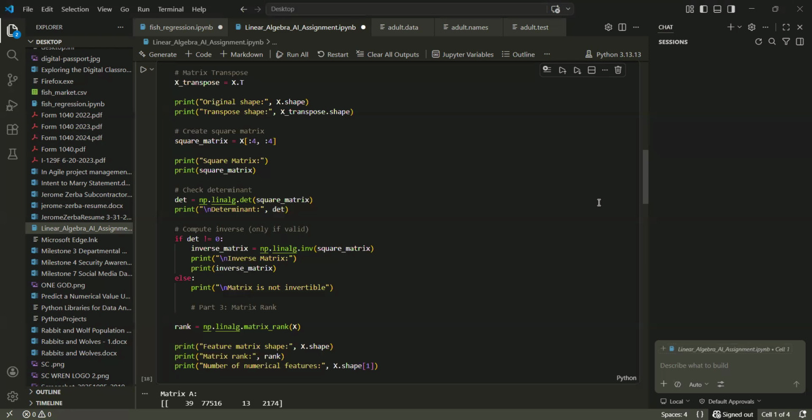In this next part, we're going to talk about the transpose and inverse.